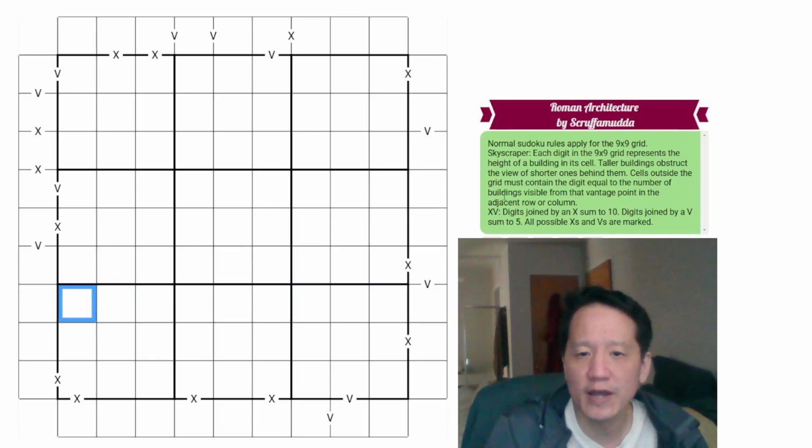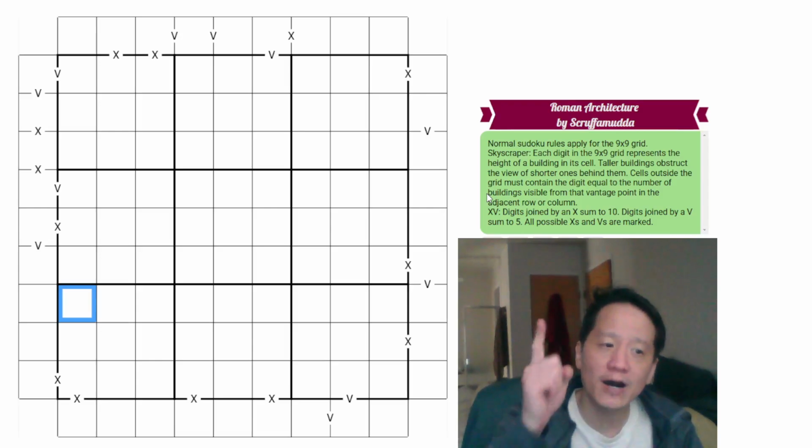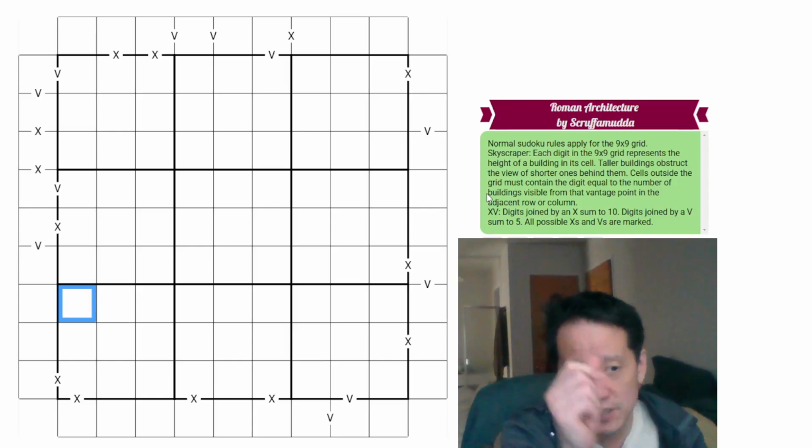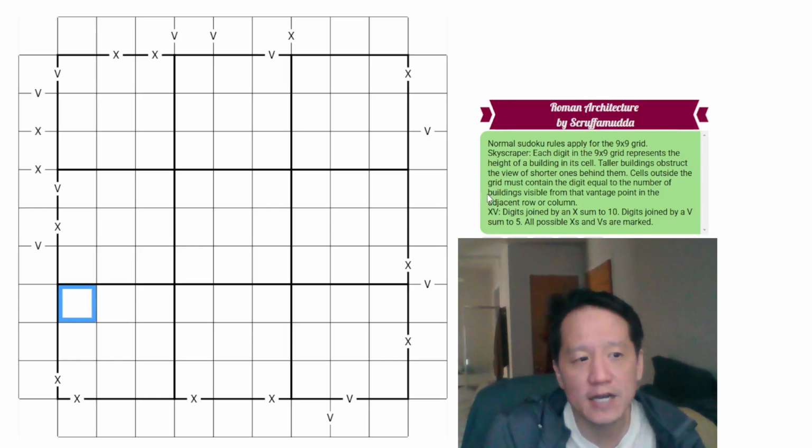We also have XV. Digits joined by an X sum to 10. Digits joined by a V sum to 5. All possible X's and V's are marked. So that is a negative constraint there.